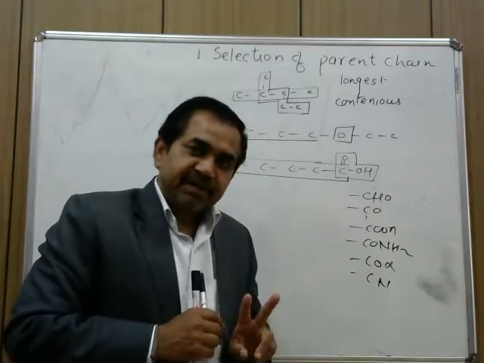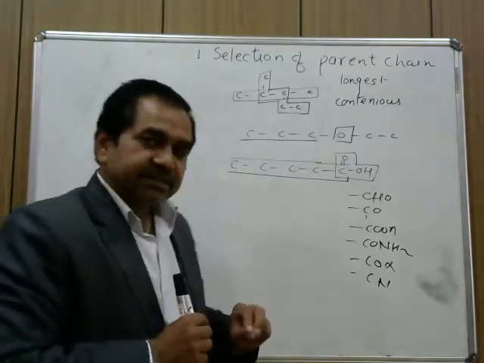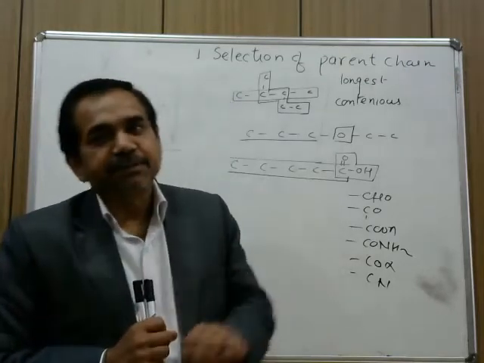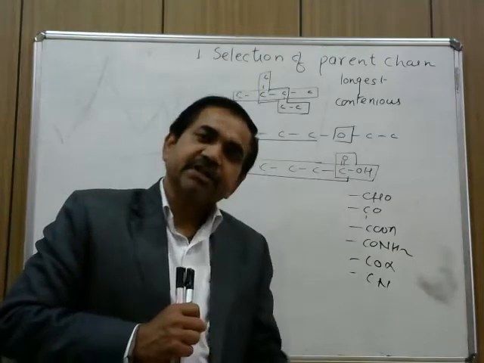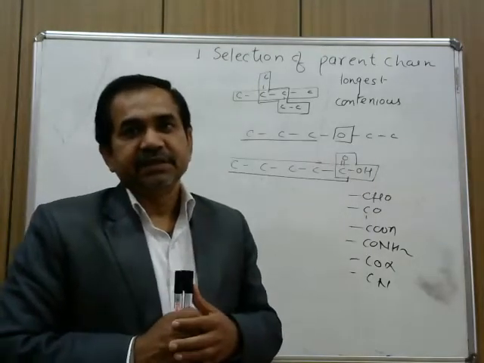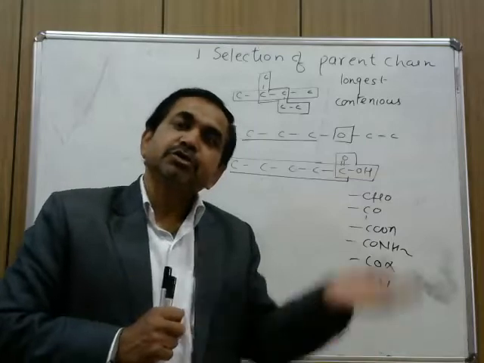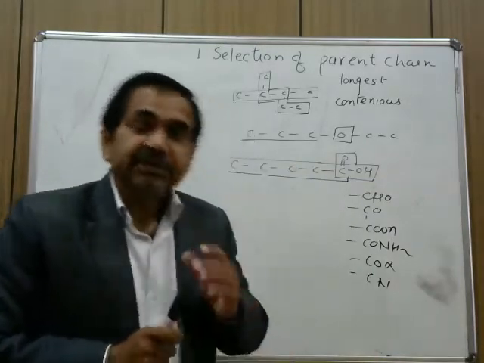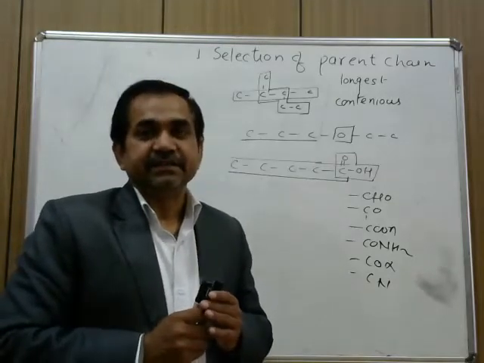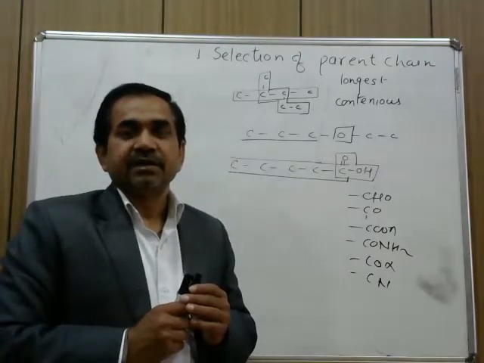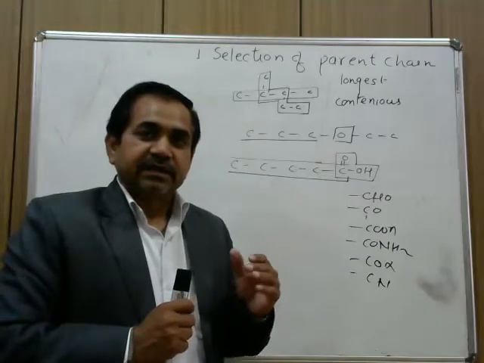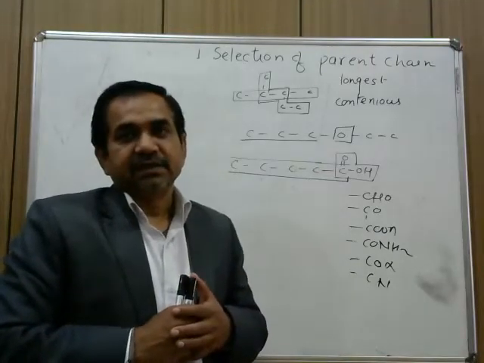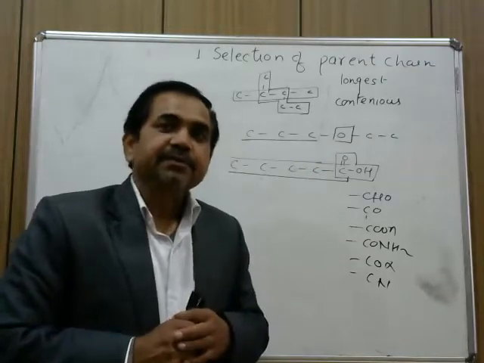Third, if compound contains a multiple bond, that is either it has got a double bond or it has got a triple bond, then these bonds must be included in the chain. You cannot exclude a carbon-carbon multiple bond.